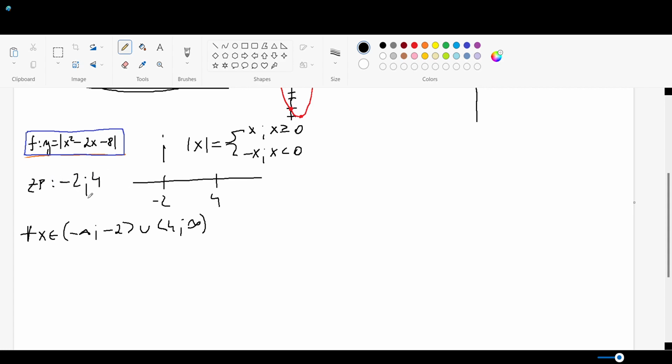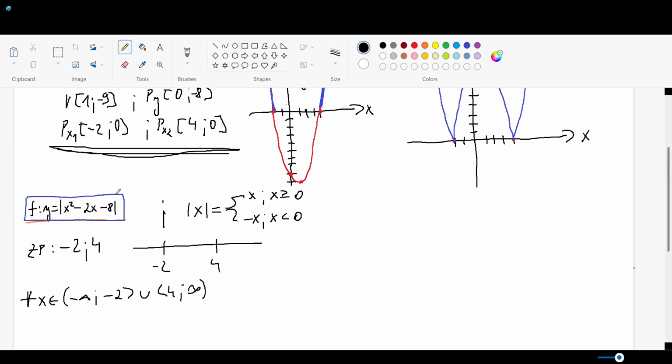Why is it so? Because if you think about this function and you find these zero points, you can say that for the function x squared minus 2x minus 8, if you sketch the graph, it would mean that from -2 to the left and from 4 to the right the function is positive, and on the interval from -2 to 4 the function is negative.